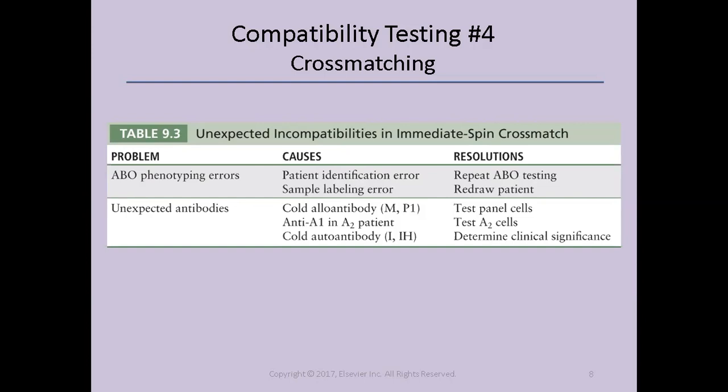It was different. And so they redrew the patient, tried to make sure it wasn't a clerical error, and in this case what happened was the patient had a bone marrow transplant.